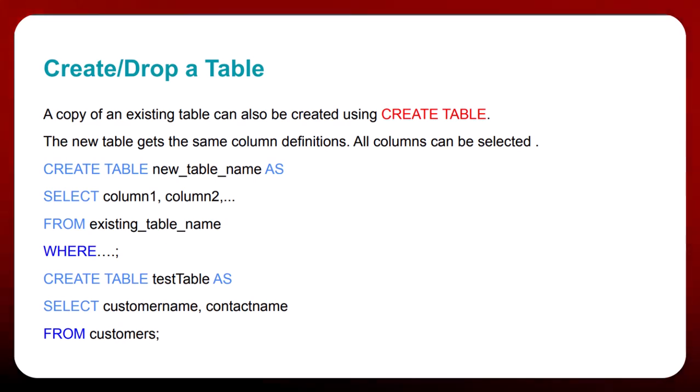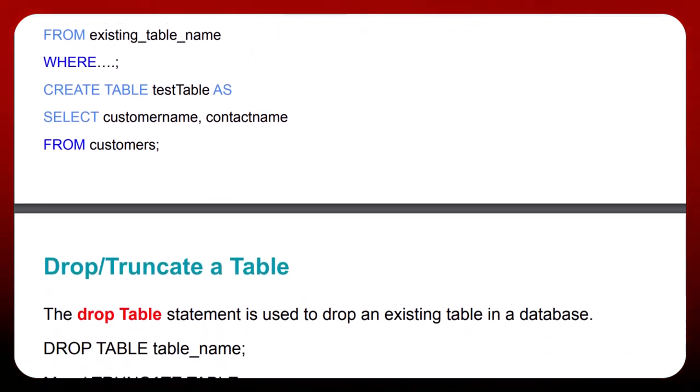We may select only, let's say, first name and last name, and you don't want to redo the same work. Then you have to say from what table. So CREATE TABLE, call it test table, AS, and then SELECT the customer name and the contact name, for example, FROM the customers table. That's why I told you to make sure to do it.